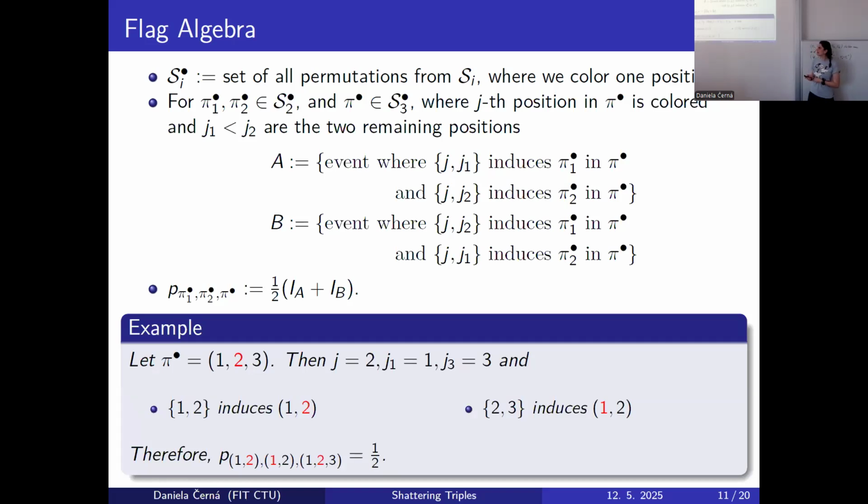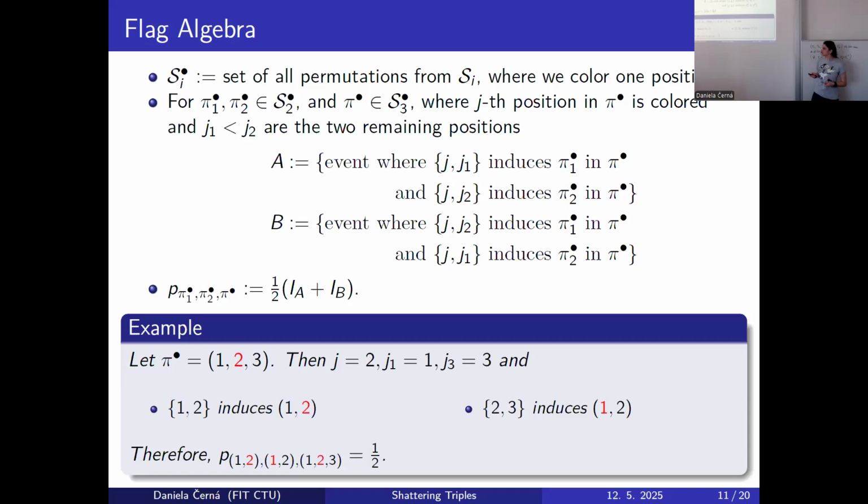So if I take the permutation being identity with the second position colored, then the set 1, 2 induces 1 with 2 colored, and 2, 3 will induce 1 colored and 2, because I cross out the first number, so the colored 2 will become the first one.